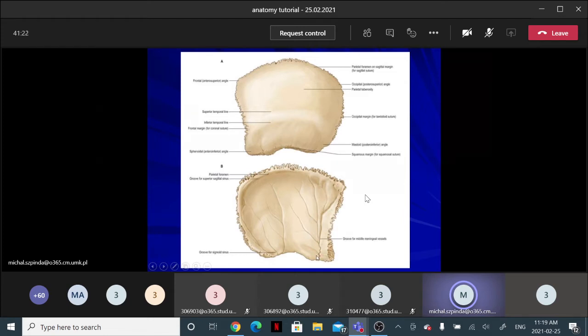So the anterior branch of the middle meningeal artery directly projects on the sphenoidal angle of the parietal bone. Such a place is extremely frangible, so brittle, and may easily be fractured, broken.